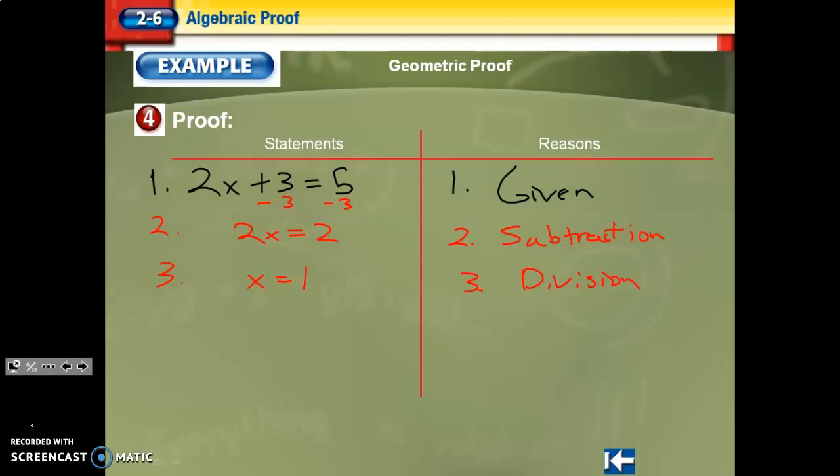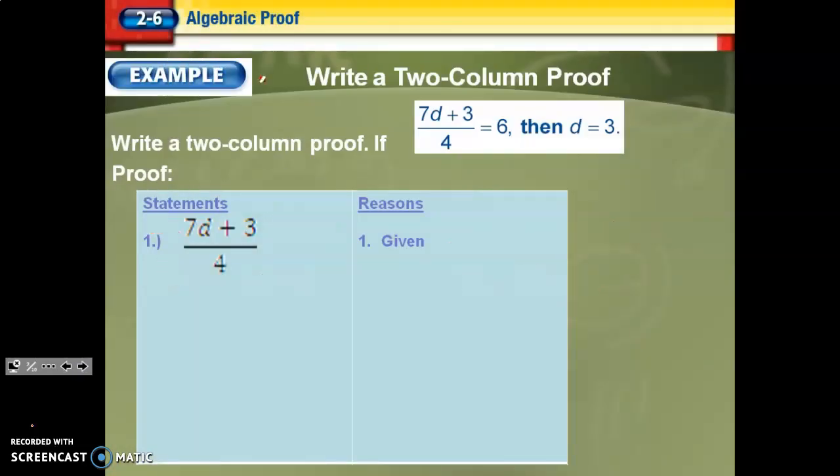So again, I'm kind of getting a little ahead of myself. So in this one here, we're trying to prove that d equals 3. So here's where the proof would come: our last statement, wherever it is, we want d equals 3. Now, one thing that a lot of students like to do with this is they want to substitute 3 in for d. That's the last thing you want to do when you're trying to prove it.